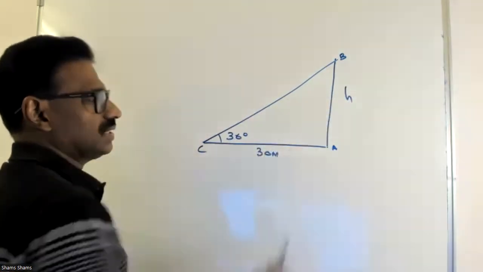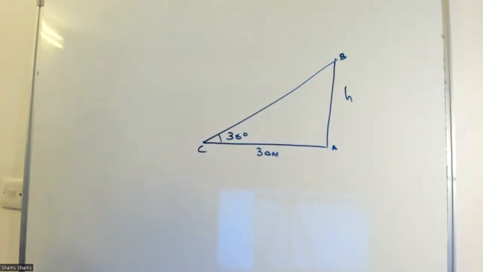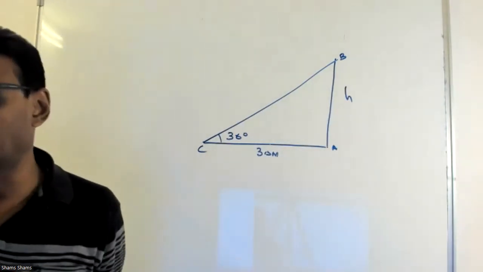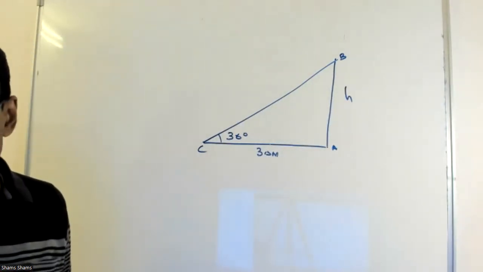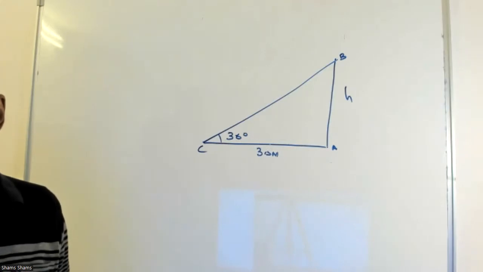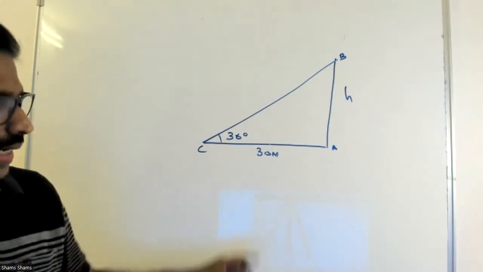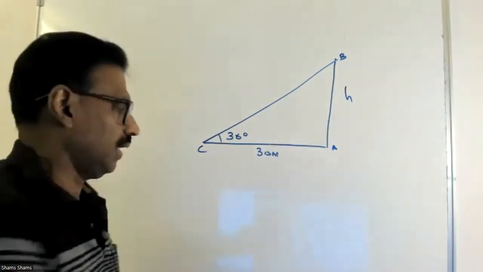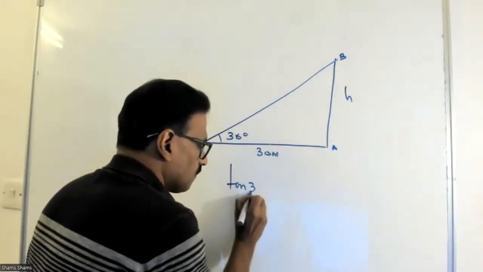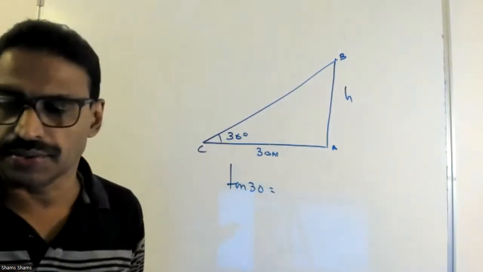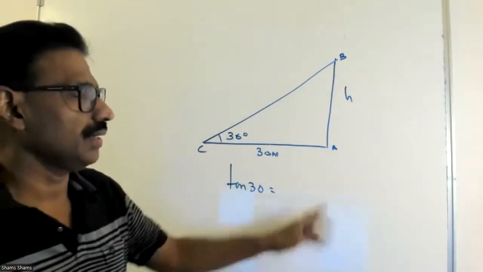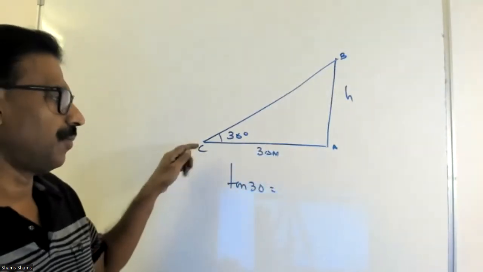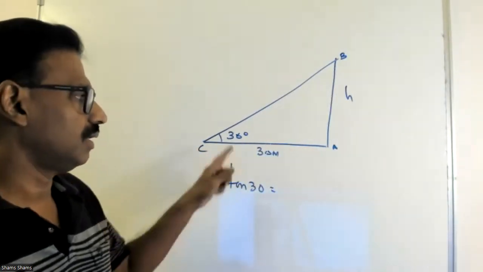Okay, now here, connecting these two, which trigonometric ratio? Sine, cos, or tan? Connecting these two, which one can you use? It is tan. Okay, tan 30. You write: AB the tower of height H, angle of elevation at the point C, which is 30 meter away from the ground, and 30 degree.